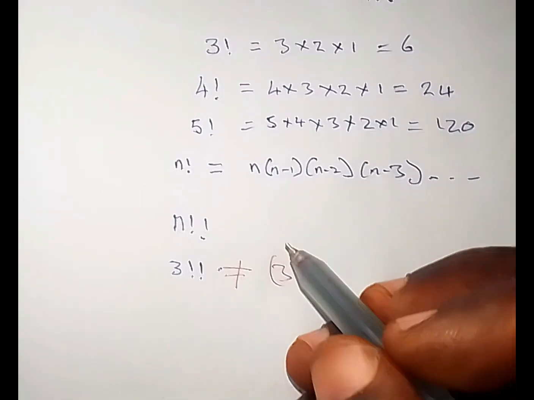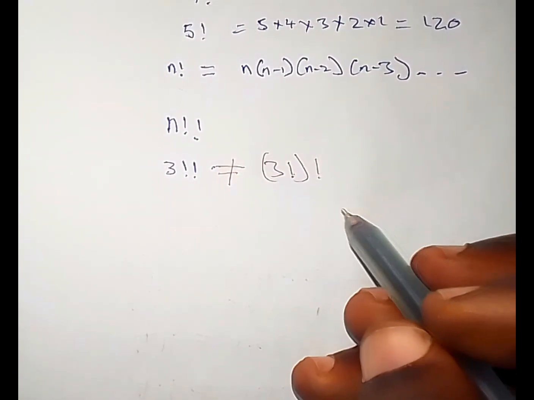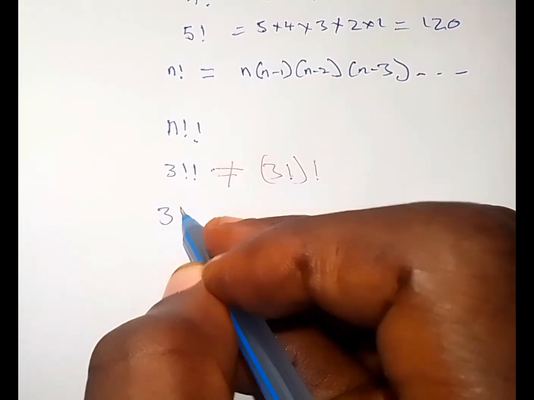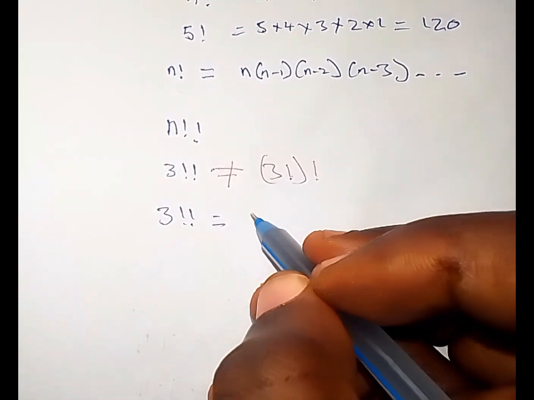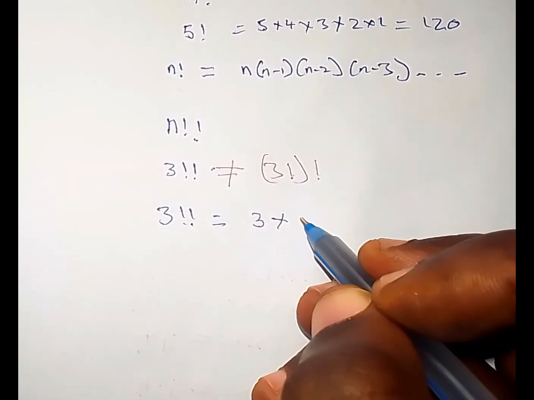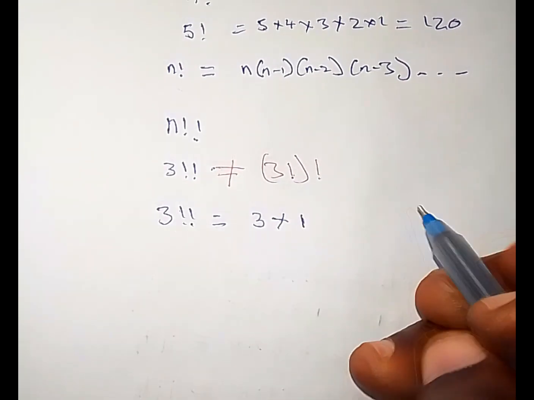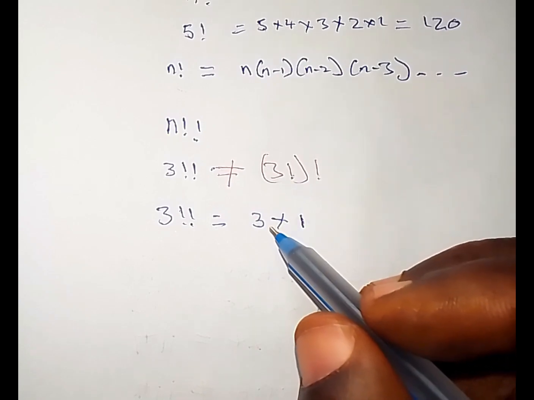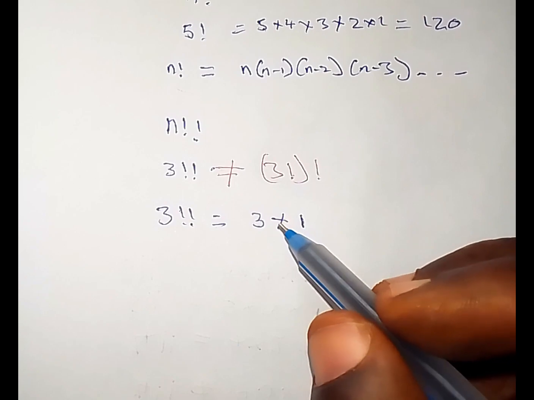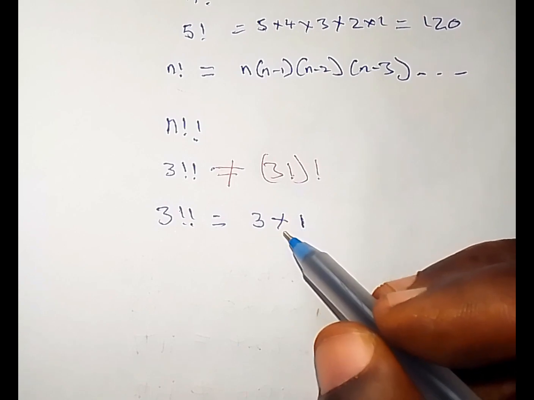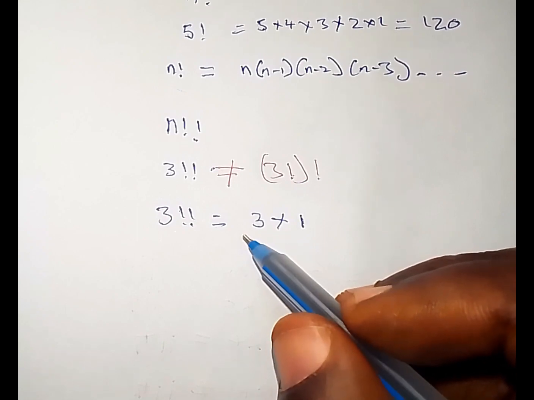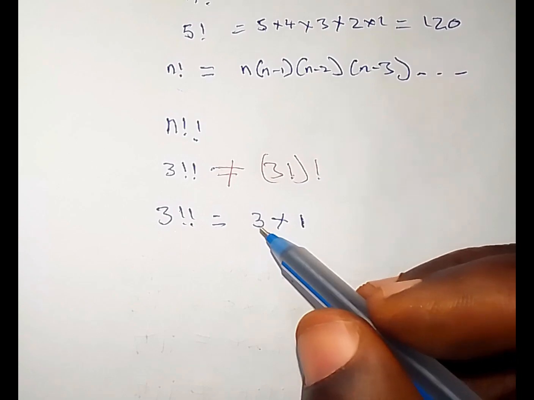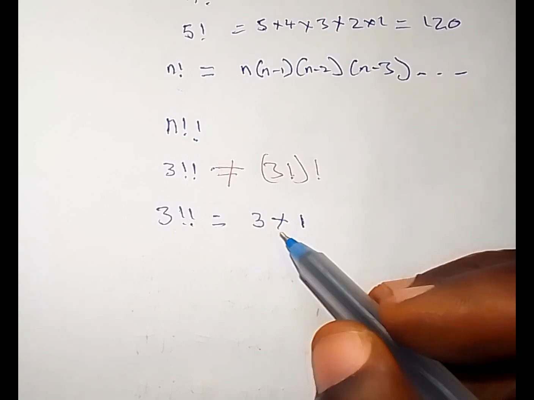What we mean by 3 double factorial is the same thing as 3 multiplied by 1. We are going to multiply all the positive integers from 3 down to 1 that have the same parity as 3, meaning 3 is an odd number, so it's going to be the multiplication of all odd numbers from 3 down to 1. So that is what we have.